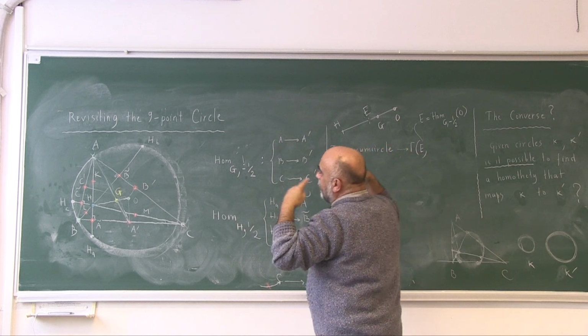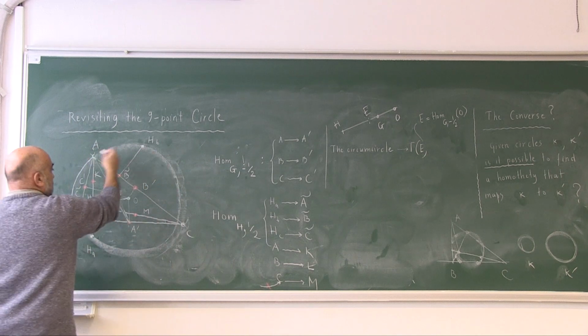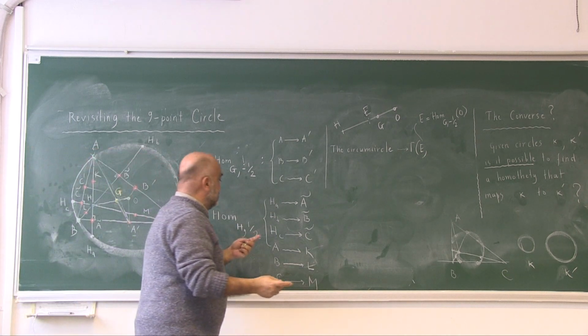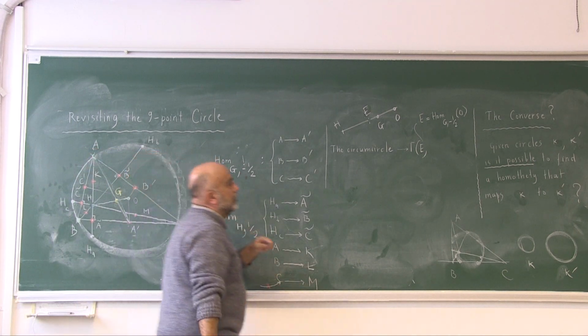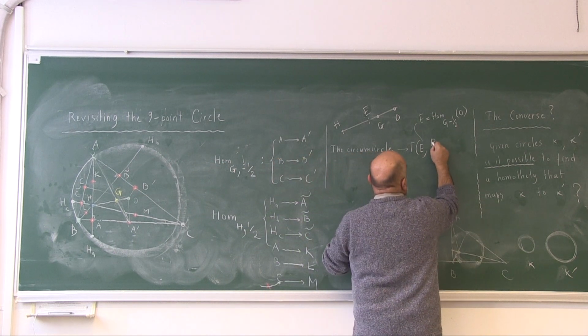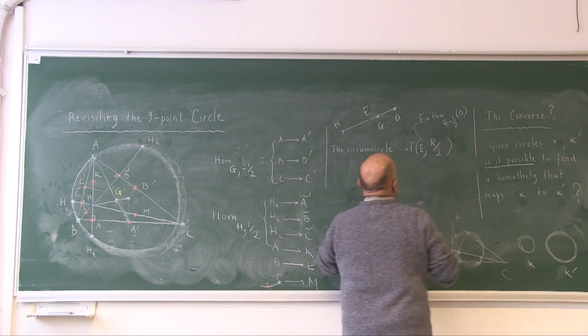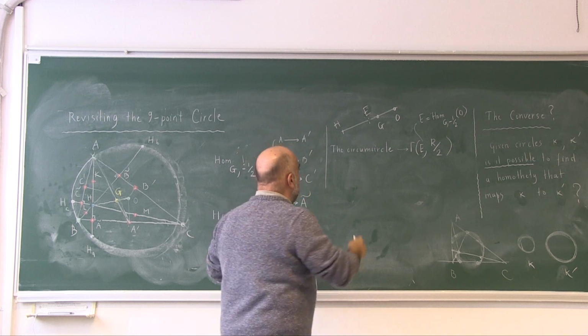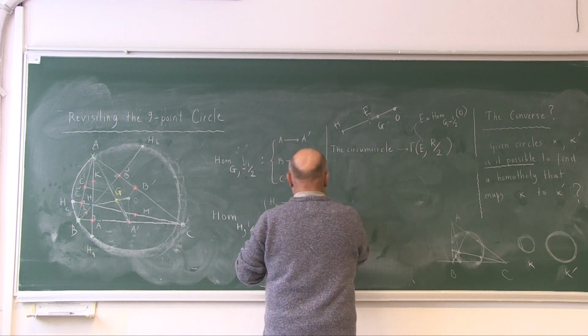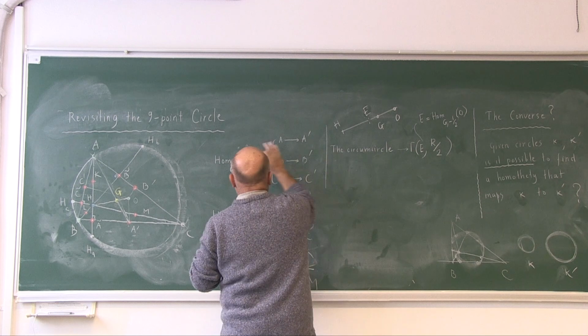What happens to the radius? The radius of the circumcircle is big R, and it is reduced to a half. So there it is. Okay, so that's what happens to the circumcircle under this homothetic.